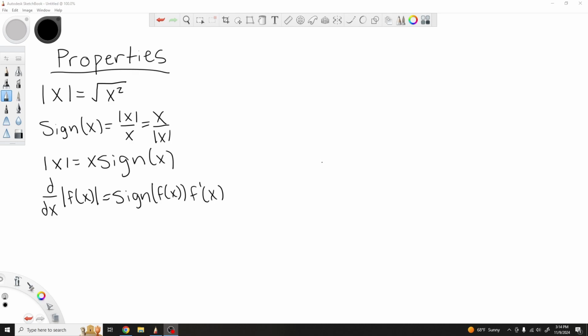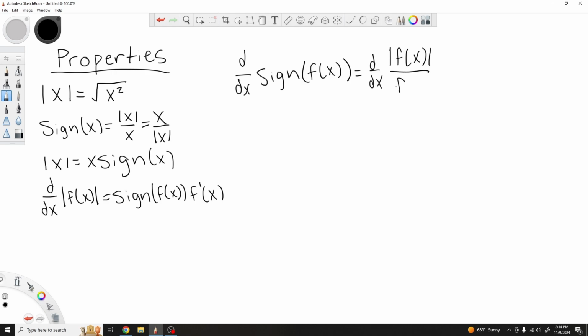All right, we can now continue with the derivative of the sine function. So the derivative of sine of f of x, I'm going to rewrite using the second property with the first definition. You could use the second definition, and you'll end up with the same answer. So I'm going to use the absolute value of f of x over f of x.